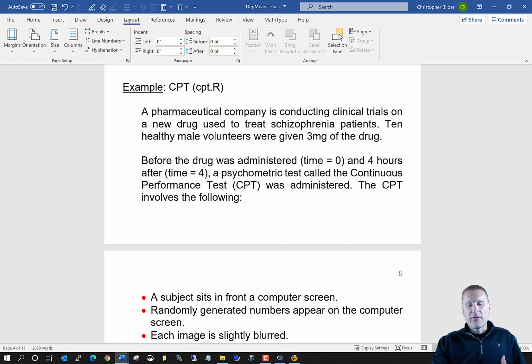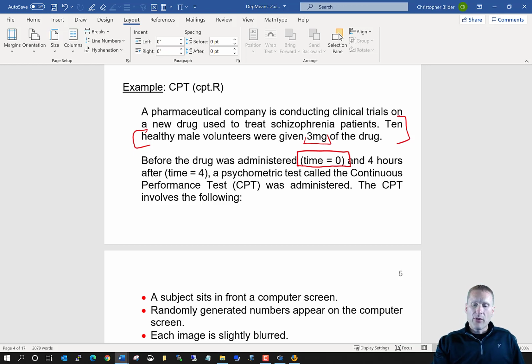And it was evaluated at a number of different dosage levels. To make things simple for us, we're just going to consider the 3 milligram dosage level. And right before the drug was administered to people, at time 0, let's say, a test called the Continuous Performance Test, or CPT for short, was administered to a person.